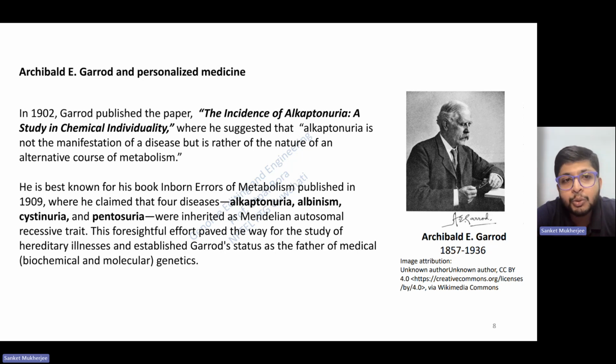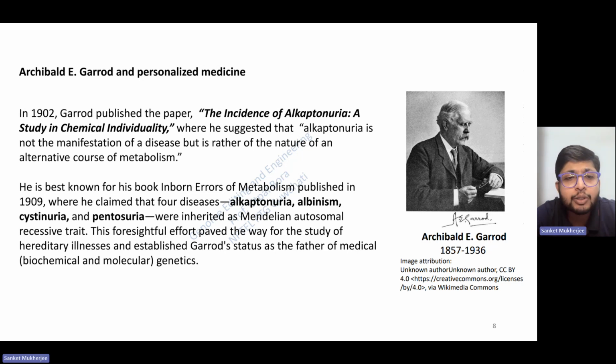In 1902, Garrod published the paper "The Incidence of Alkaptonuria: A Study in Chemical Individuality," where he suggested that alkaptonuria is not the manifestation of a disease, but is rather of the nature of an alternative course of metabolism.